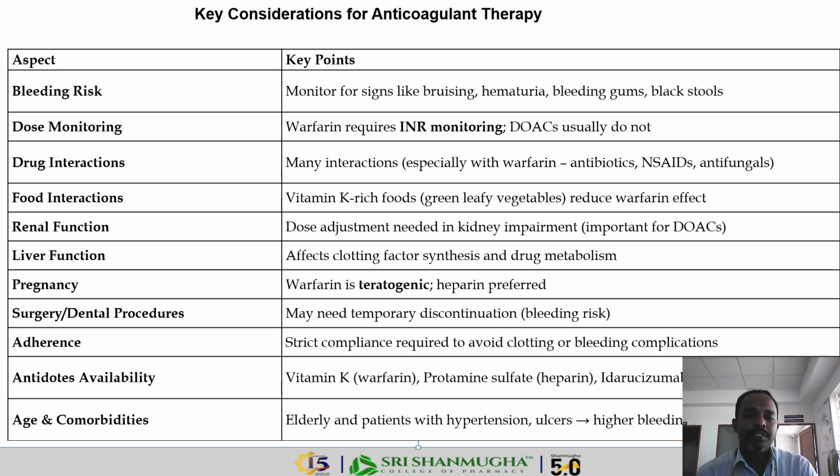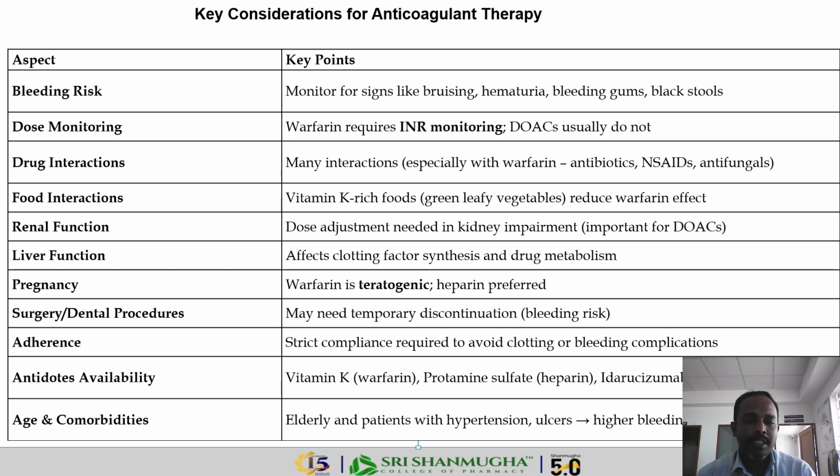Next, we have renal function. For kidney failure patients and those with chronic kidney disorders, dose adjustment is required, otherwise it may lead to kidney impairment. Liver malfunction affects clotting factor synthesis and drug metabolism.